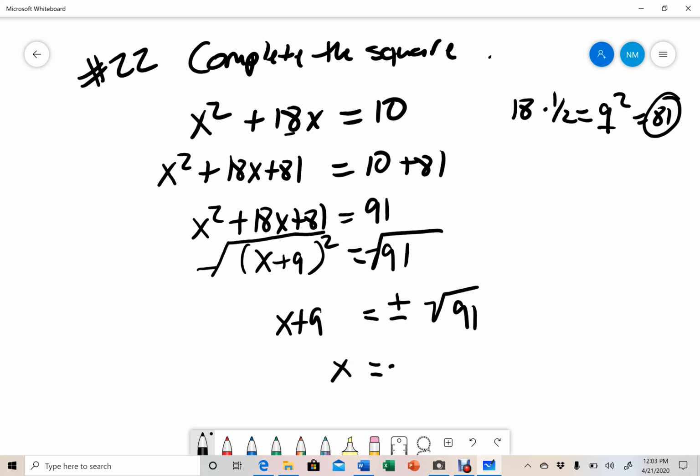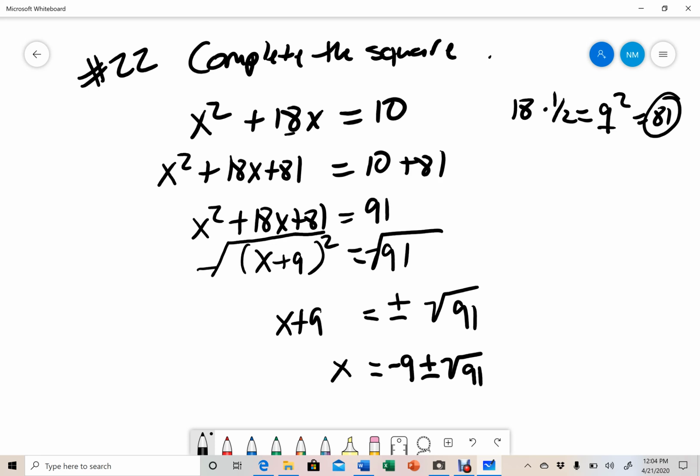X equals -9 plus or minus the square root of 91. And that's my answer. Nothing else can be broken down or simplified. I have to check by using both -9 plus the square root of 91, and then -9 minus the square root of 91, to make sure that this is correct.